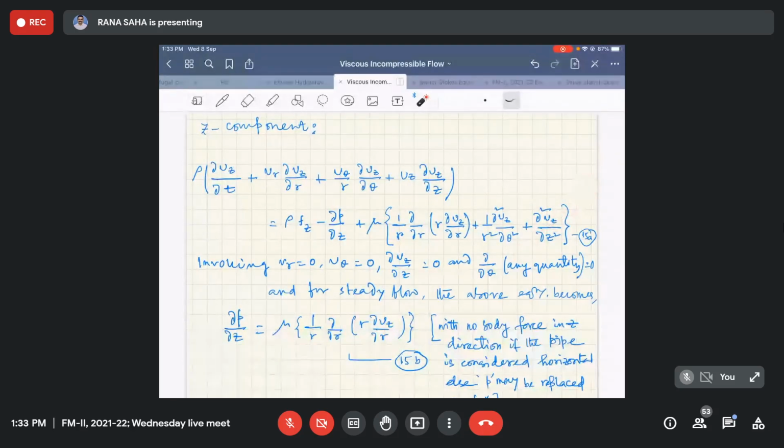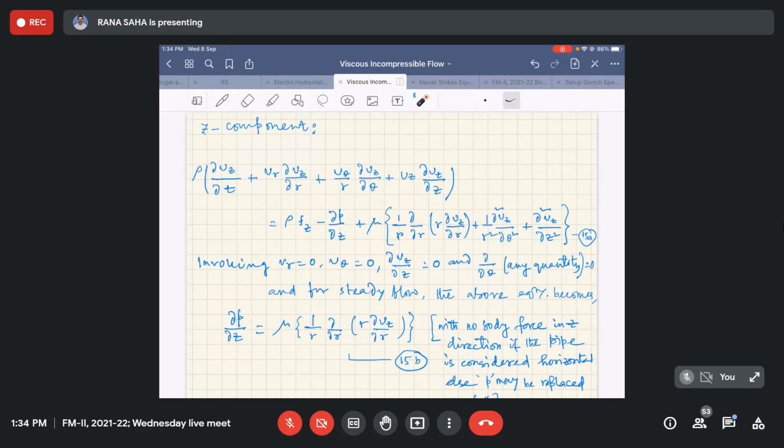So actually we are left with, in this equation, this term and the pressure gradient term in Z direction. That is why, for these conditions, we can write the above equation in this form, rearranging by bringing this del P del Z to the left hand side to have it in equation form.